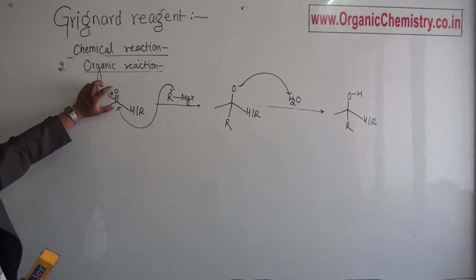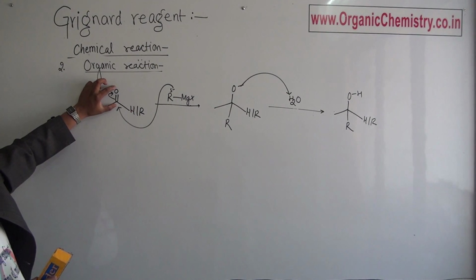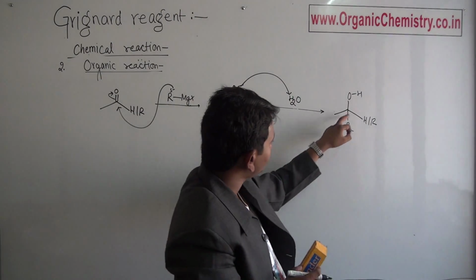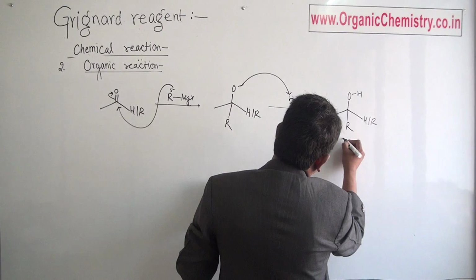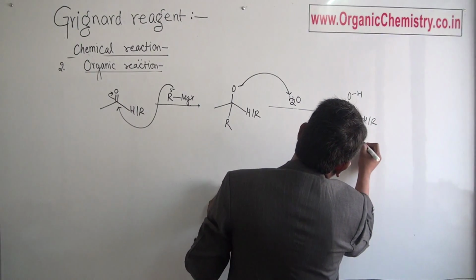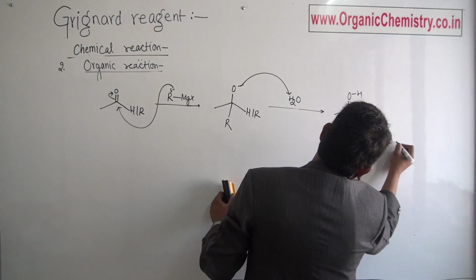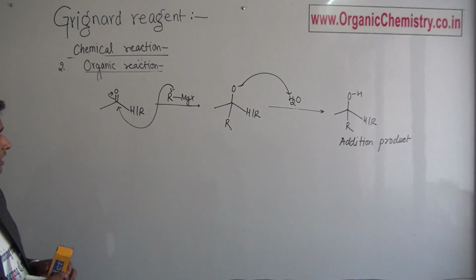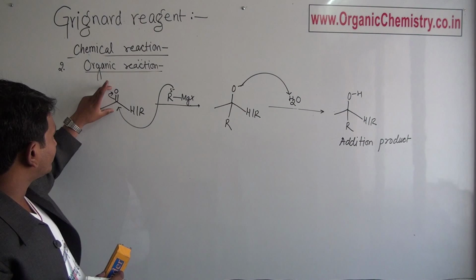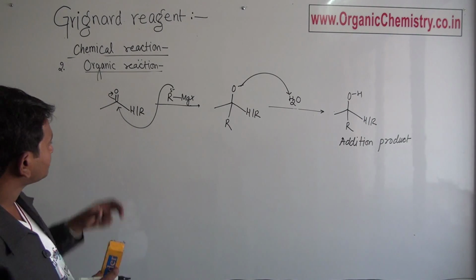So here pi bonds are broken, and corresponding new sigma bonds are formed. So this is a reaction of addition. So the addition product is formed after the reaction of Grignard reagent over the aldehyde or ketone.